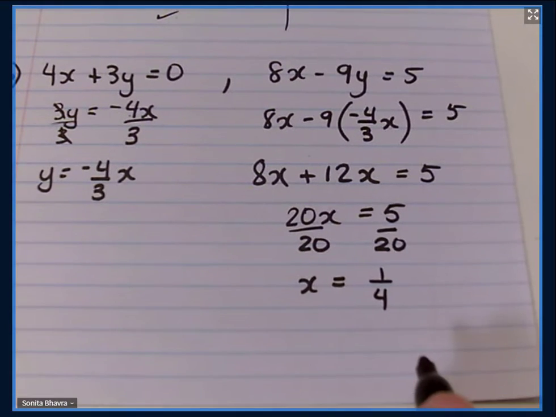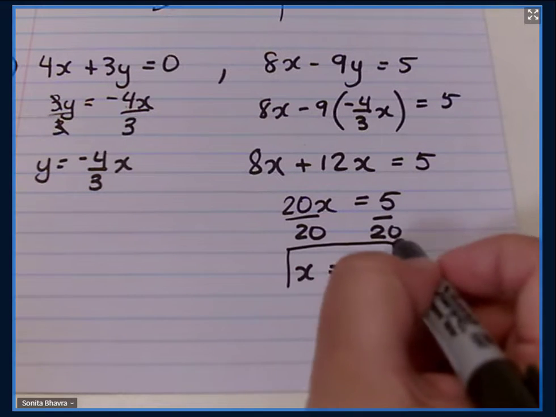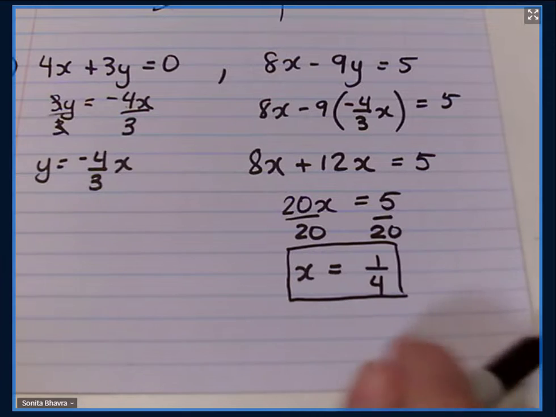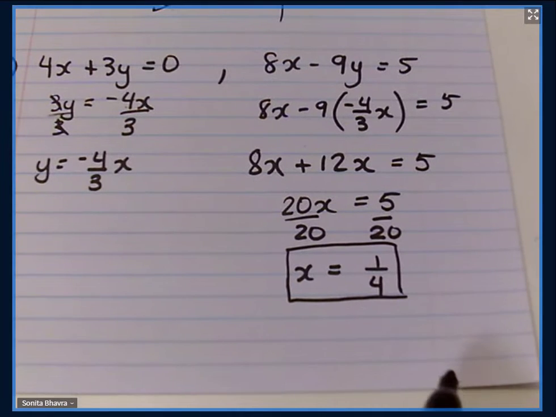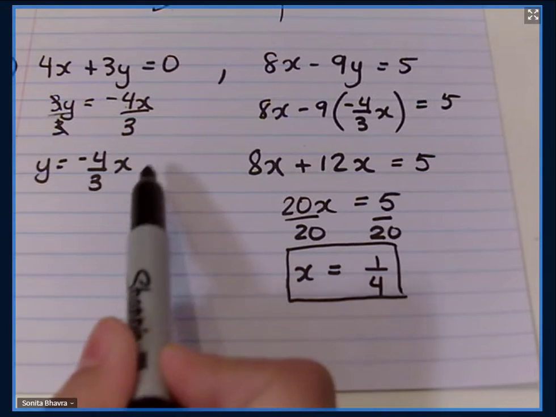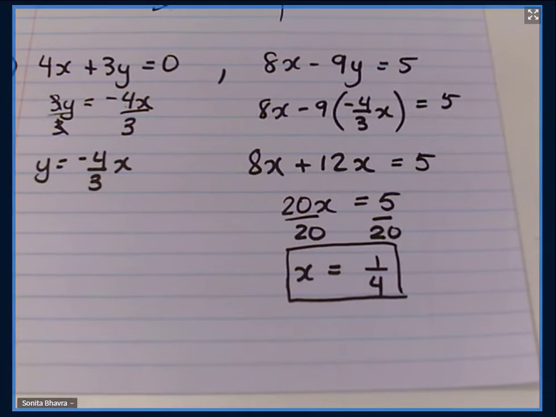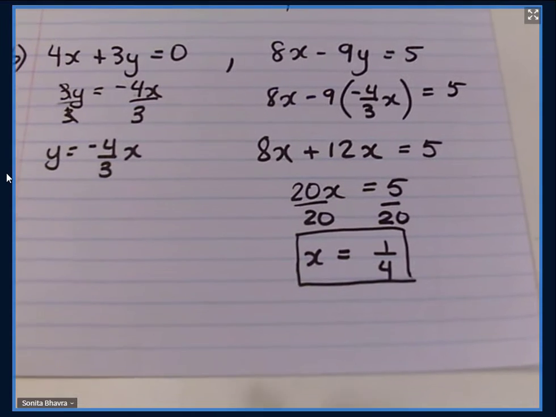All right, so we have now solved for x. x is equal to 1 over 4. Our last step is we have to put x equals 1 over 4 back into our first equation and solve for y. That is what I'll do next.